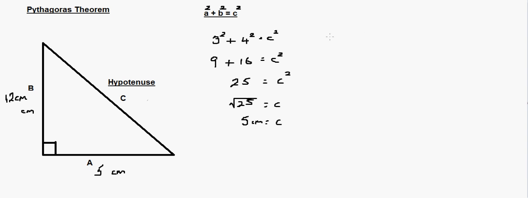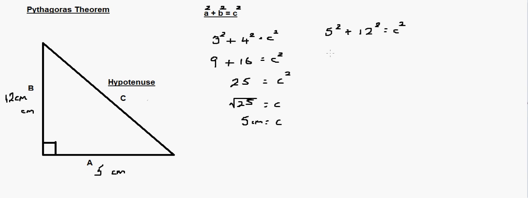Okay, so we know a squared plus b squared equals c squared, so in the exam make sure you write this because this is worth 1 mark. So this would be 5 squared plus 12 squared, and that will equal c squared.